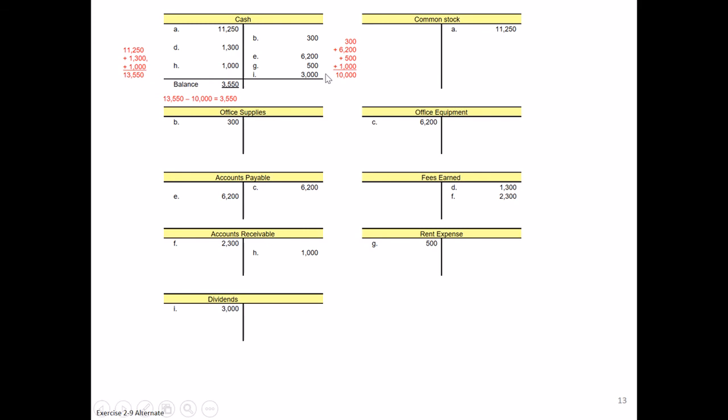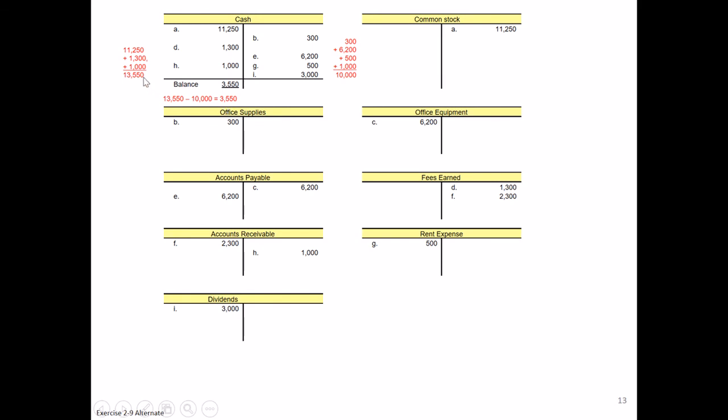Then let me look on the right-hand side and add up all the impact of everything that credited. 300 plus 6,200 plus 500 plus 1,000 means a credit of 10,000. Now I've got to look and say total debits of 13,550 minus, because this is counterbalancing it, credits of 10,000 means I have a net effect of 3,550.